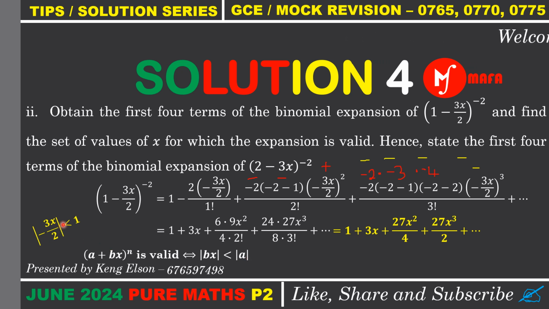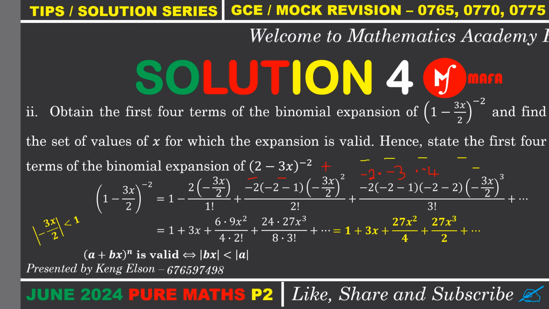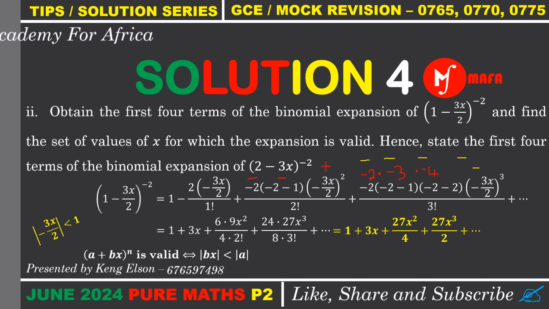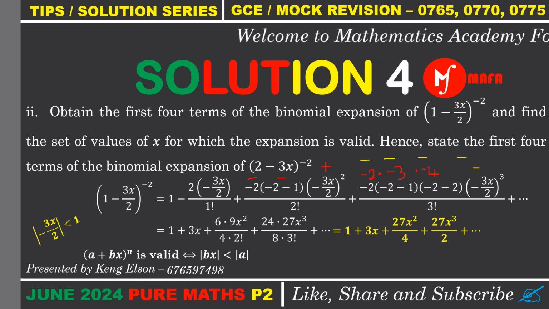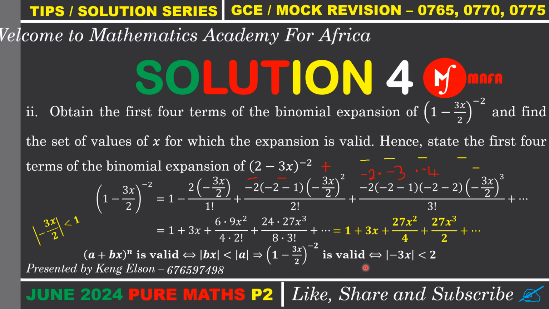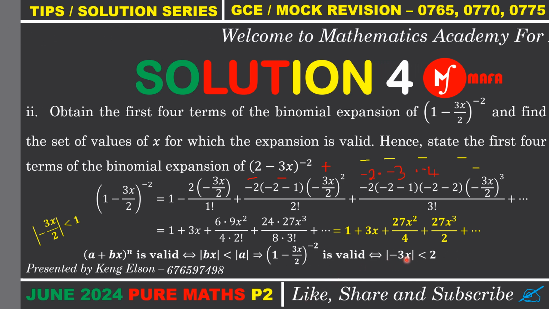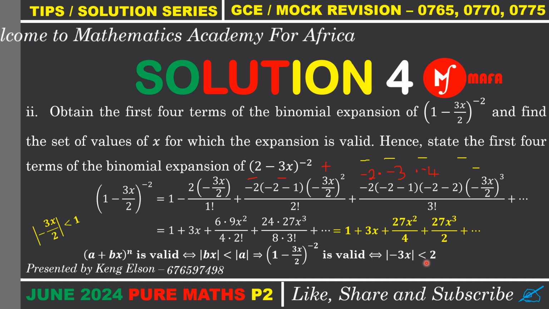Alright, so you realize that if you just multiply both sides of this inequality by the absolute value of 2, because remember that the absolute value of negative 3x on 2 is the same as the absolute value of negative 3x divided by the absolute value of 2. Alright, so if you multiply both sides by the absolute value of 2, we are going to have the absolute value of negative 3x is less than 2 because the absolute value of 2 is 2. The inequality sign remains less than because that absolute value is positive.